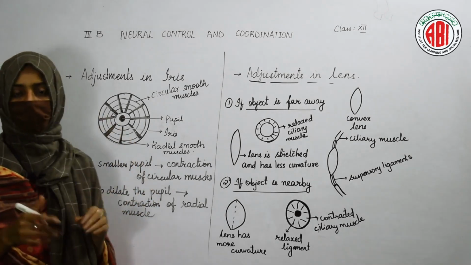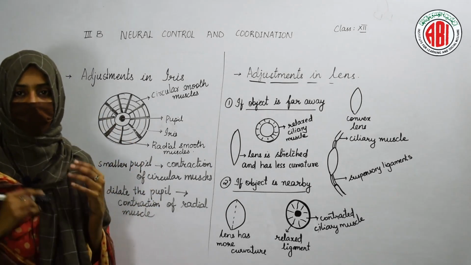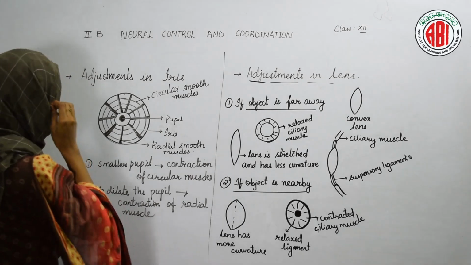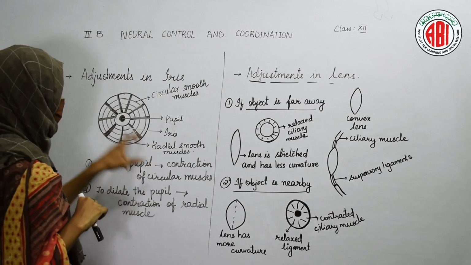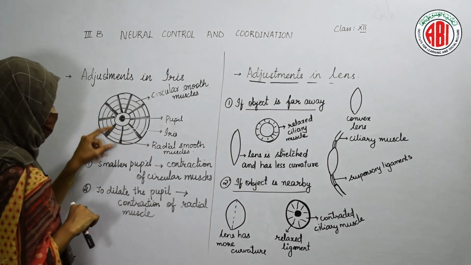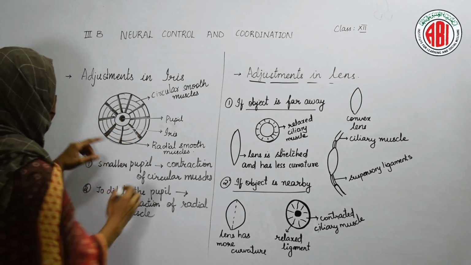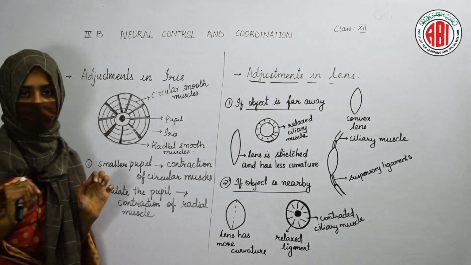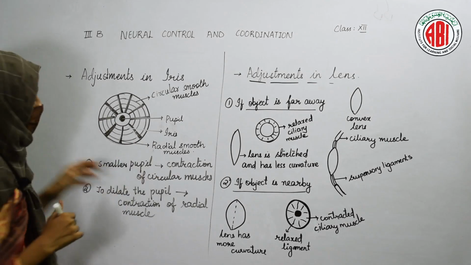But when you move into a dark room and you are trying to see the objects present in the dark room, then the radial smooth muscles present in the iris get contracted. Due to the contraction of the radial muscles, the pupil becomes larger, it gets dilated.